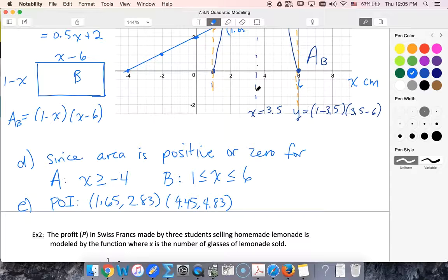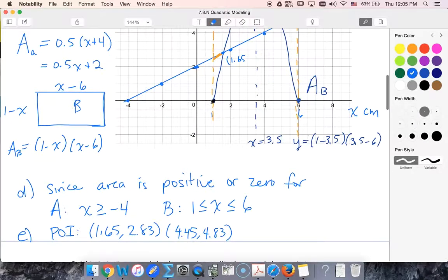So my x values are going to go from 1 to 1.65. I'm going to include the 1, but not the 1.65, because A is not bigger here. It's equal to, but I don't want equal to.